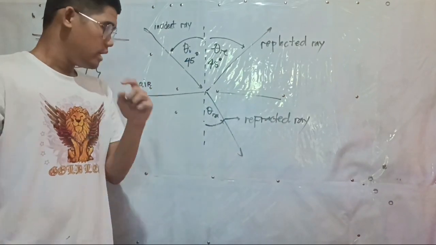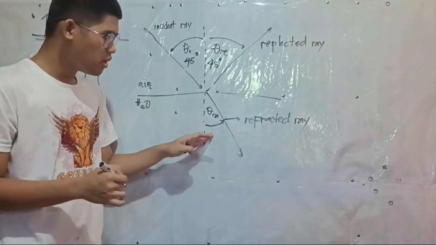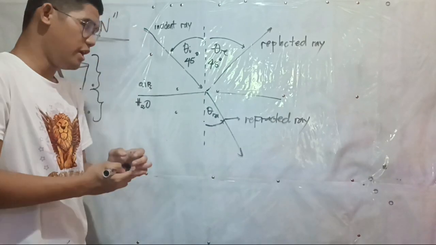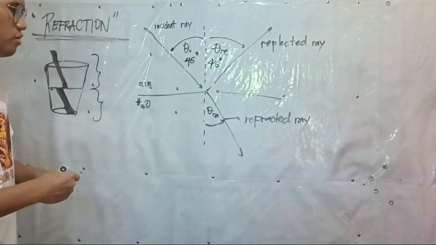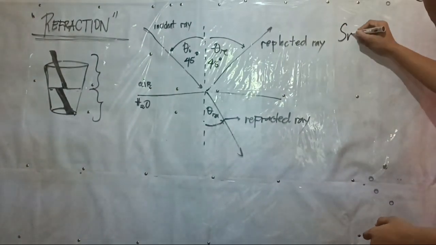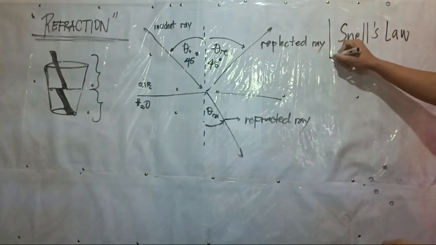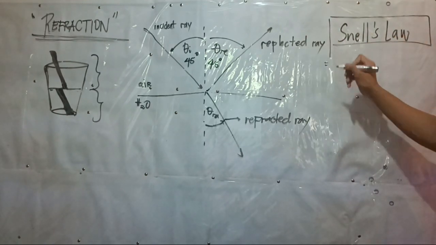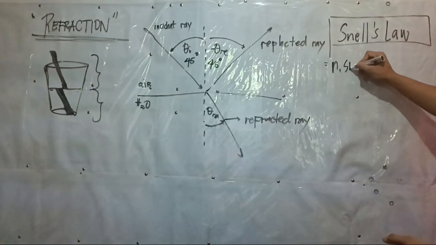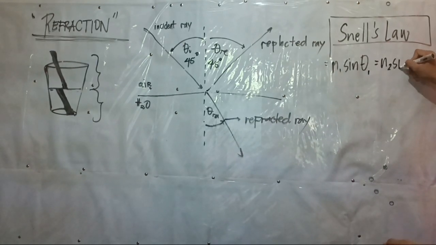Now, in this topic, we're going to discuss how to find the angle of refraction, which is theta RA. To find this, we're going to use something called Snell's law. It says that N1 sine theta 1 is equal to N2 sine theta 2.